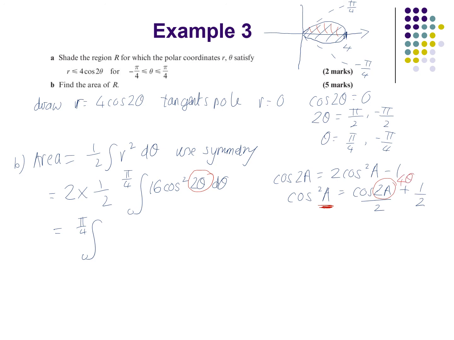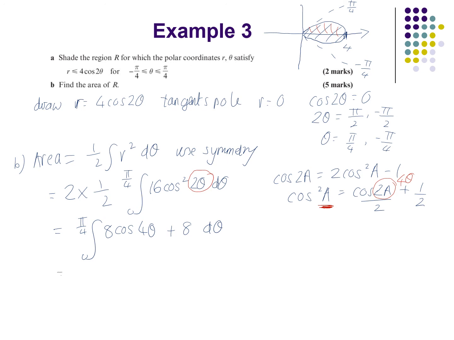That's the sort of thing you've got to think carefully about. Now it's 16 lots of that, so I'm going to end up with 8 cos 4 theta, because it's 16 times that over 2, and plus 8 d theta. The 2 and the half cancel. I've done 16 times this, so the 16 becomes 8 because of these halves here.